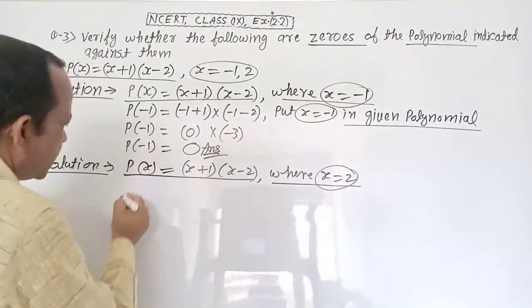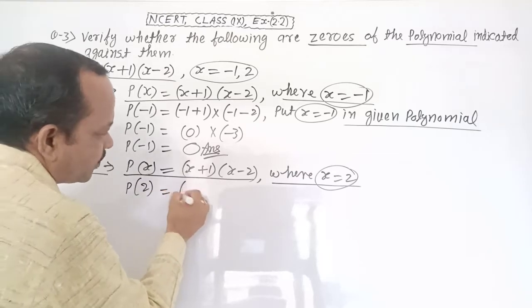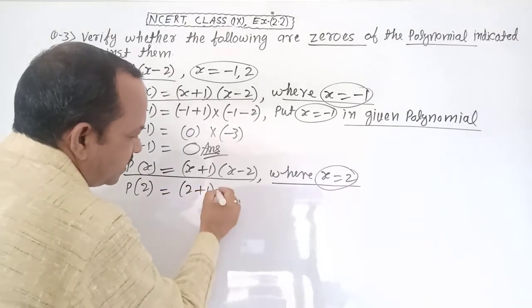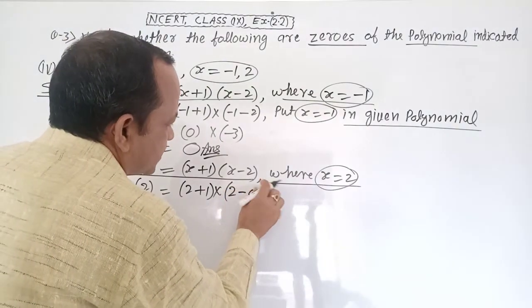Clear? Now it becomes p(2) equals (2 plus 1) in first brackets, in second brackets (2 minus 2).